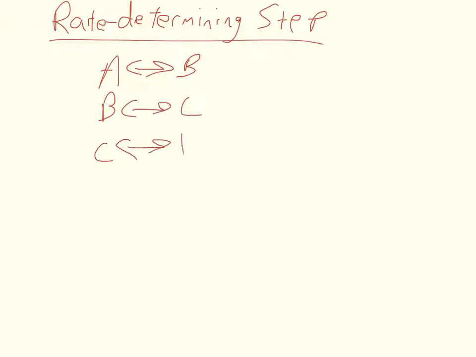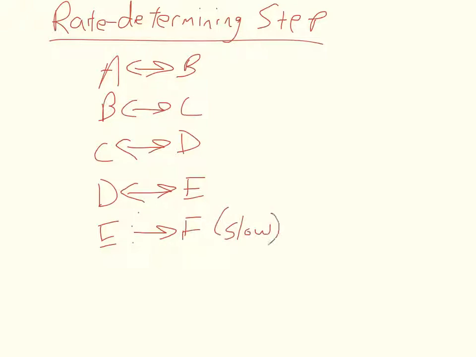If we have this reaction system here, and I could just keep going and going. If I have a bunch of reactions taking place, it may be that one of those reactions is slower than the rest. So let's just say E going to F. We'll call this the slow reaction.